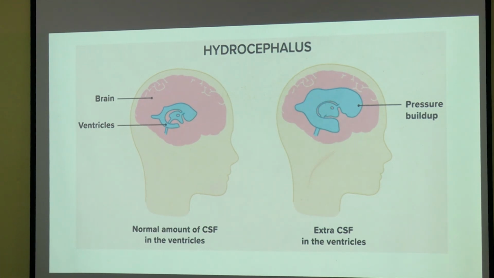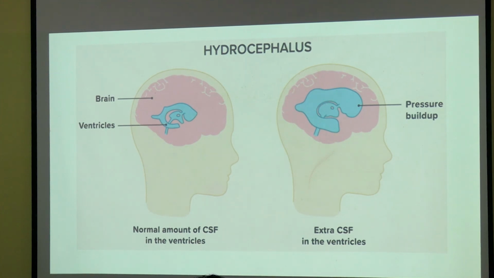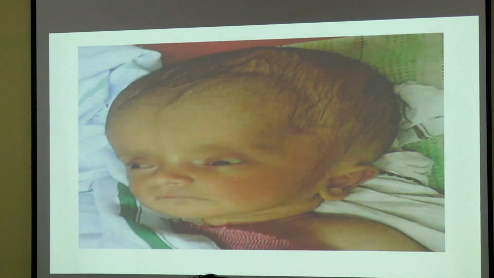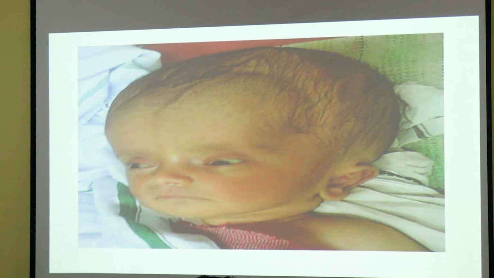As a result, your ventricles and also your foramens are appearing bigger in size. It will lead to the, what? This is how a baby suffering from hydrocephalus will appear. Okay. Any doubts in this? Any doubts?